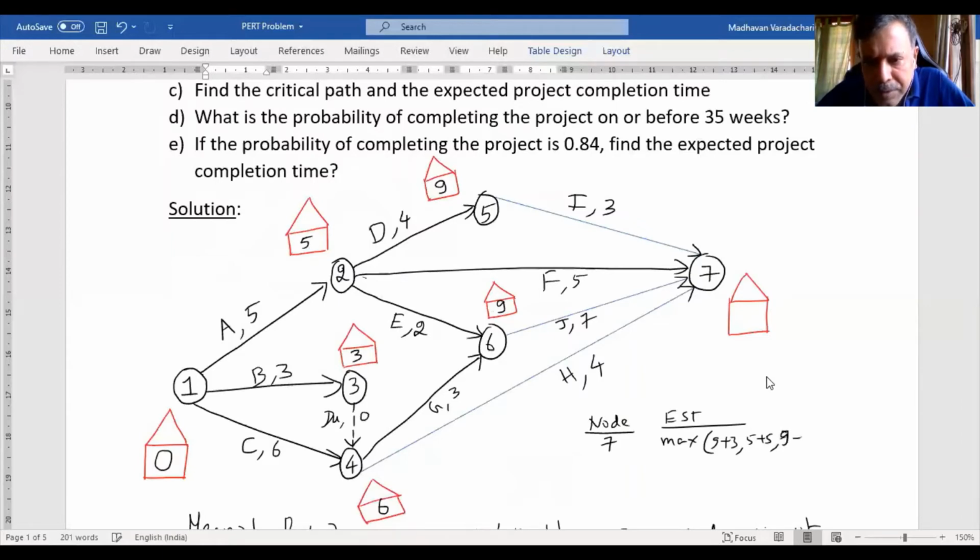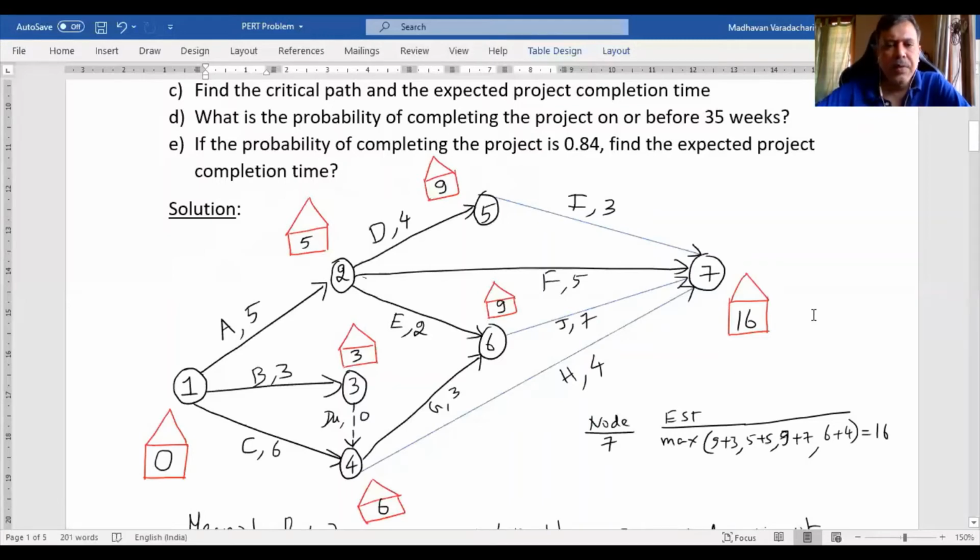If it comes from 4, it is 6 plus 4. So the largest number among these is, this is 12, this is 10, this is 16, and this is 10. So 16 is the largest. So let me fill up here with 16.